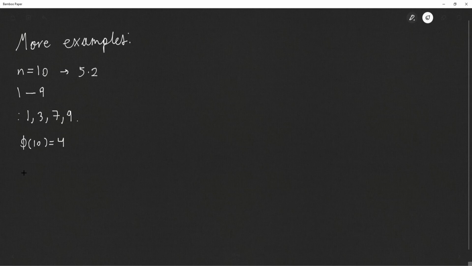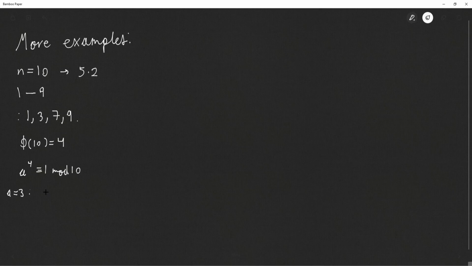And if we want to check to make sure that we're right, we can use our formula of a to the power of phi of 10, which is 4, being congruent to 1 mod 10. So we can test this for our values of a. Our first one could be a equal to 3.